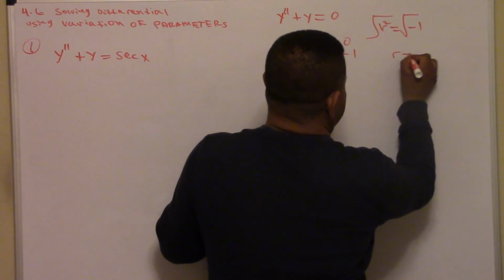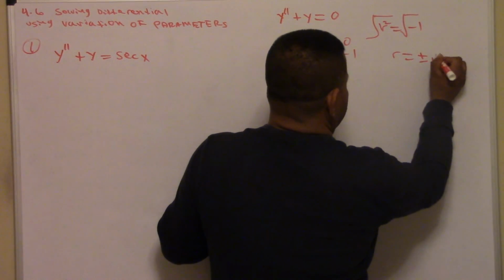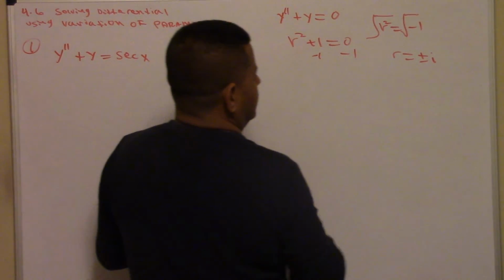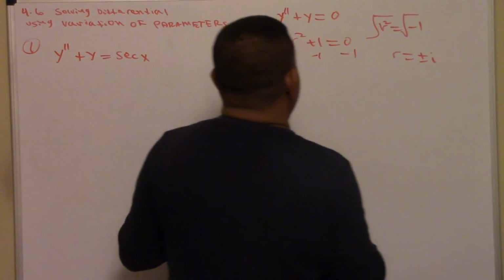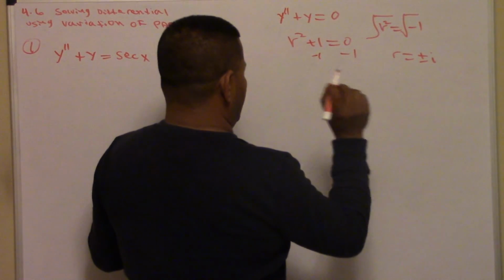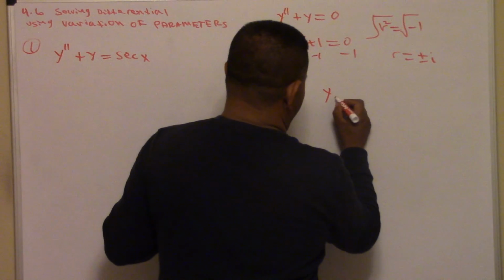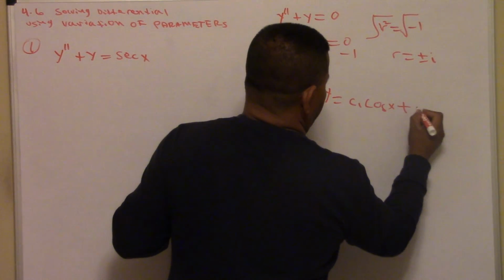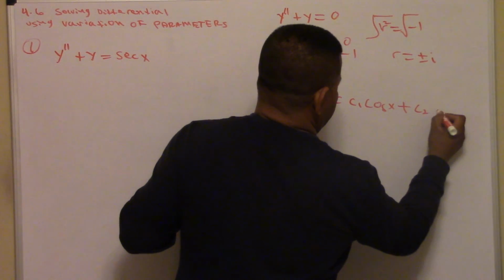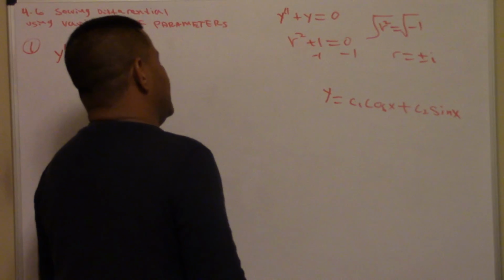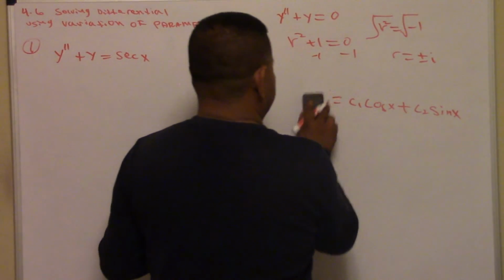I get r is equal to plus or minus i, which means that the complementary solution is going to be y equals c1 cosine x plus c2 sine x, right? So that is y sub c.